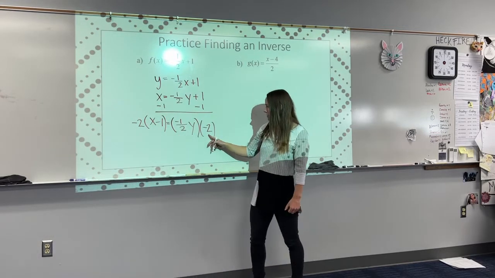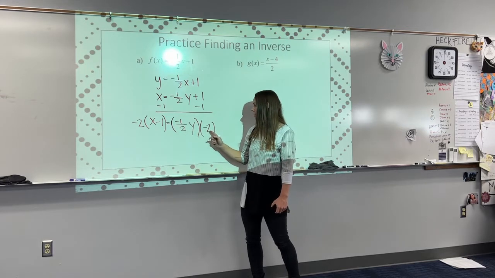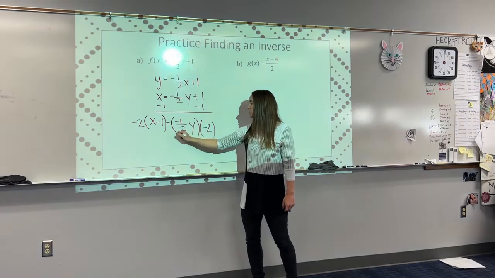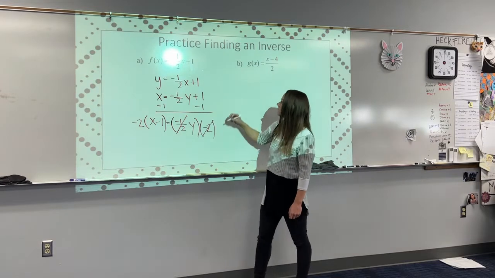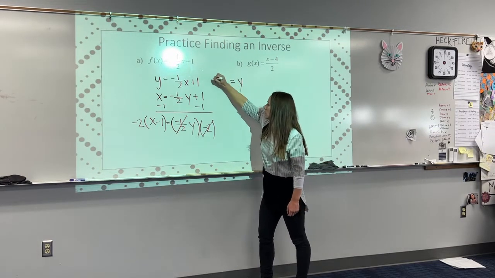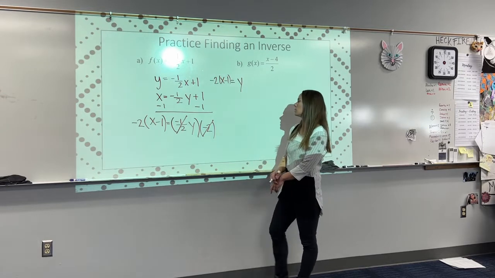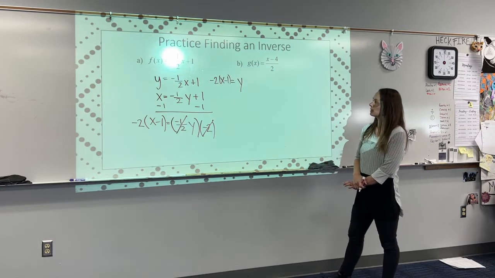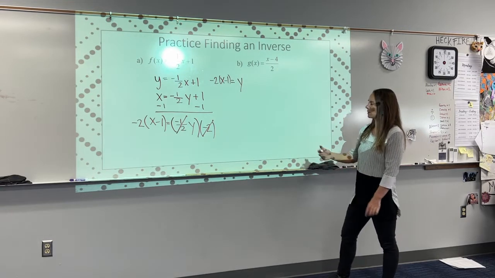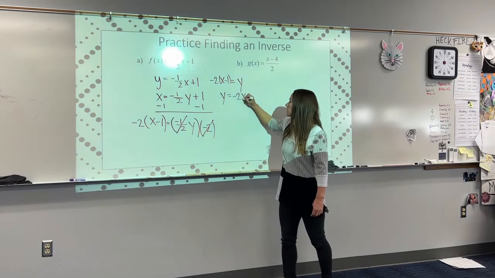So I've got a negative 2 times a negative 1/2. A 1/2 times a 2 is a positive 1, and a negative times a negative is positive, so these cancel, and I'm just left with y equals negative 2 times x minus 1. Do you want to do the distributive property, or leave it like that? Distribute? Okay, so y equals negative 2x plus 2.